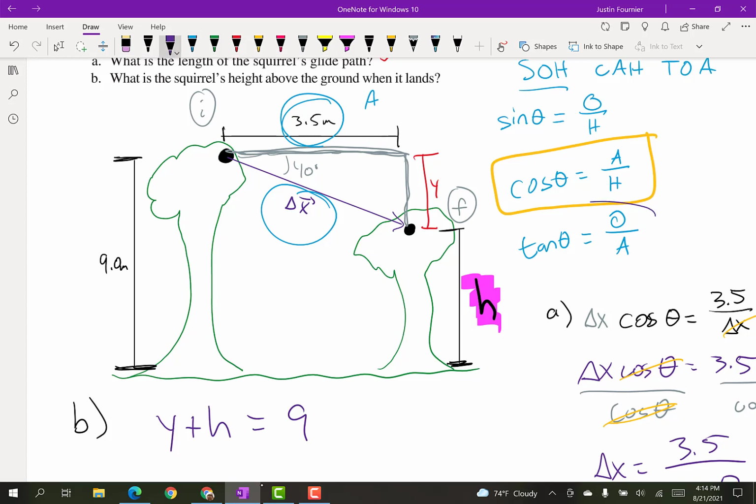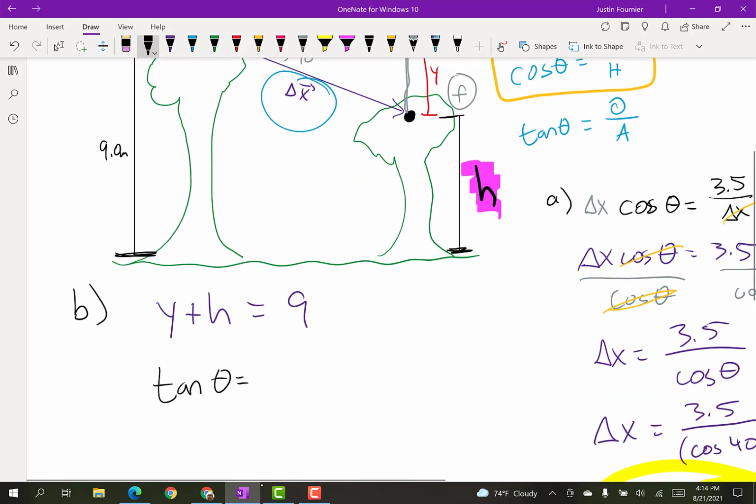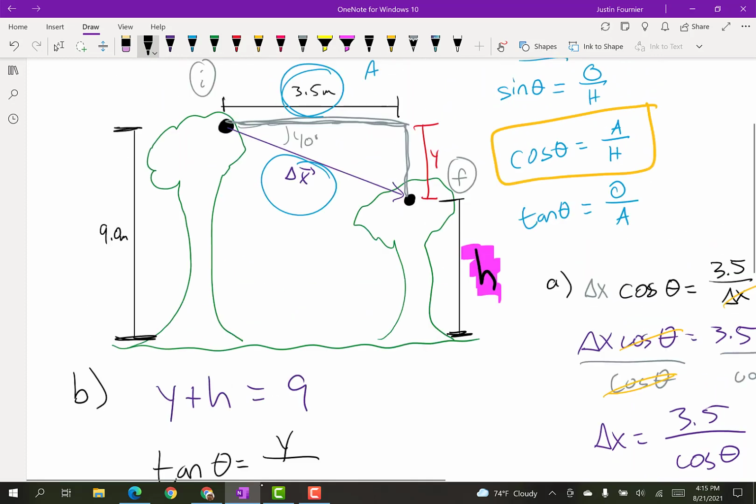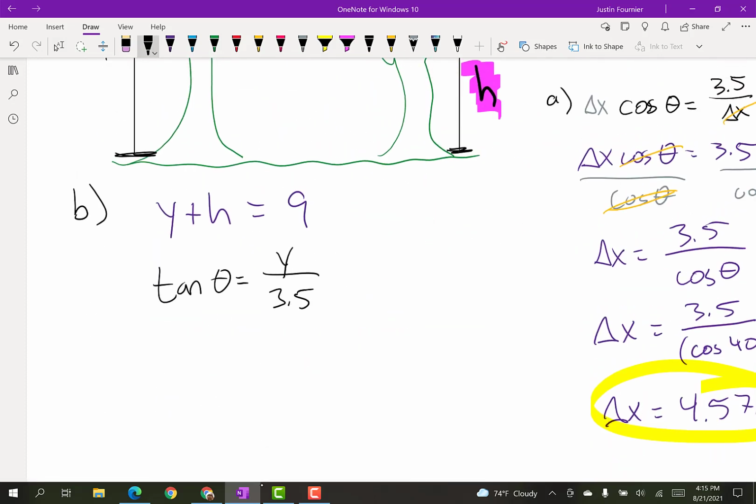I think I'm going to use tangent. Tangent is opposite over adjacent. So tangent of my angle is the opposite, which in this case is what I'm calling y, over my adjacent, which is 3.5. Isolating y, I'm going to multiply both sides by 3.5.